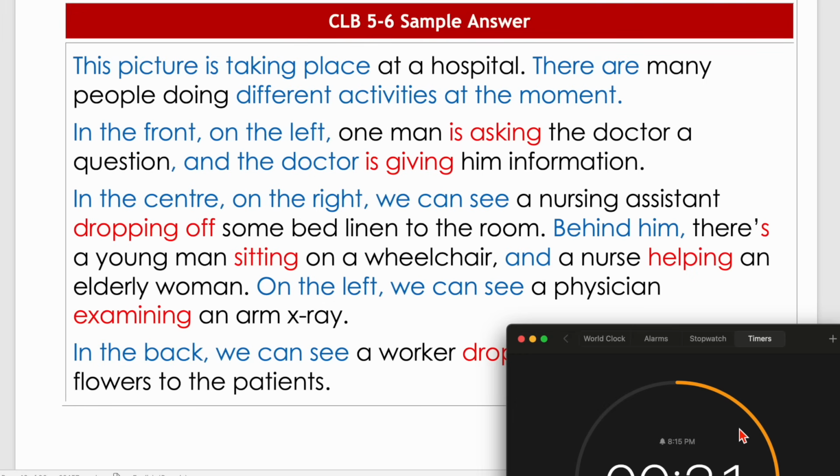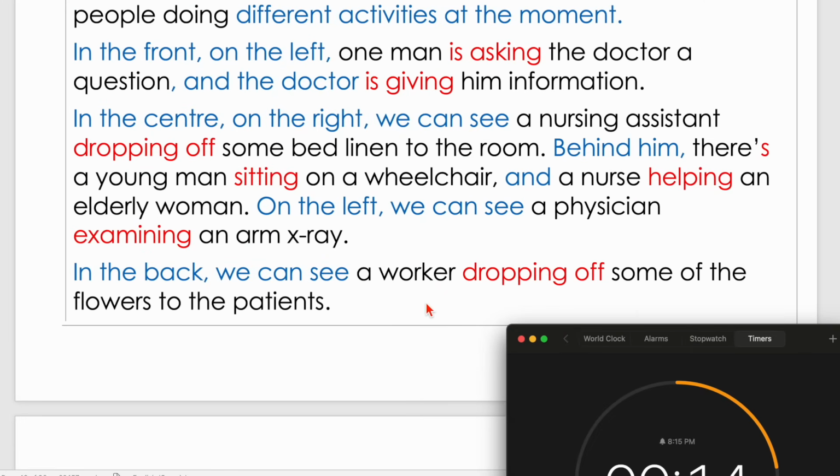Behind him, there's a young man sitting on a wheelchair and a nurse helping an elderly woman. On the left, we can see a physician examining an x-ray. In the back, we can see a worker dropping off some of the flowers to the patients.